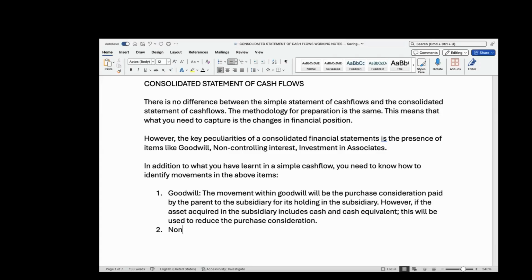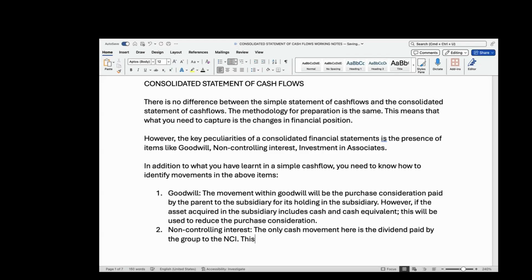Additionally, for non-controlling interests, as far as NCI is concerned, the only cash movement here is the dividend paid by the group to the NCI. That's really the cash movement that can happen.